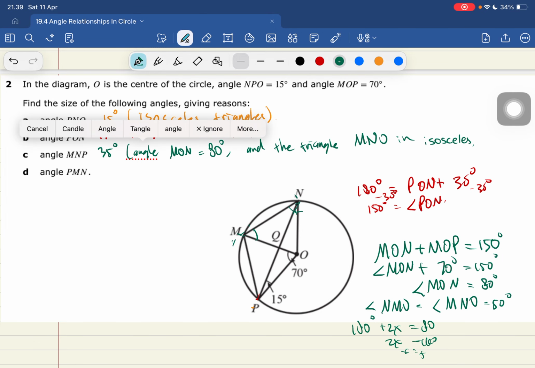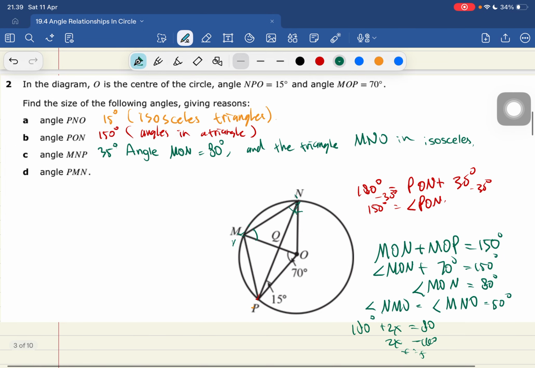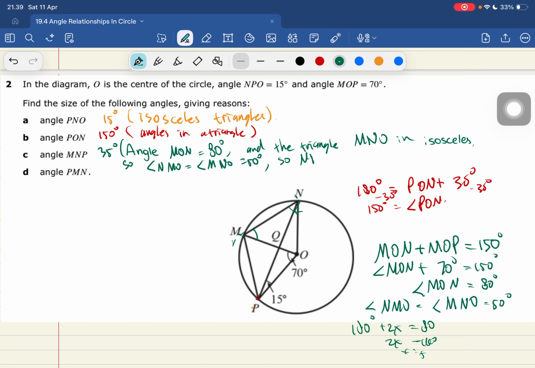The angle NMO equals the angle MNO, which we found to be 50 degrees. So MNP is going to be 50 degrees minus 15.